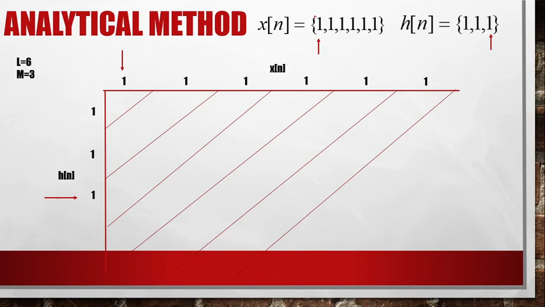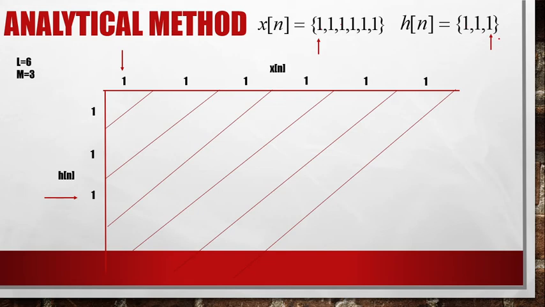I have taken that graphical input in the form of analytical values, in the form of sequences. How many ones were there? 1, 2, 3, 4, 5, 6, and the first input was at 0. And h[n] was 1, 2, this is the 0th sequence. It was 1, but it was from 0, minus 1 and minus 2.